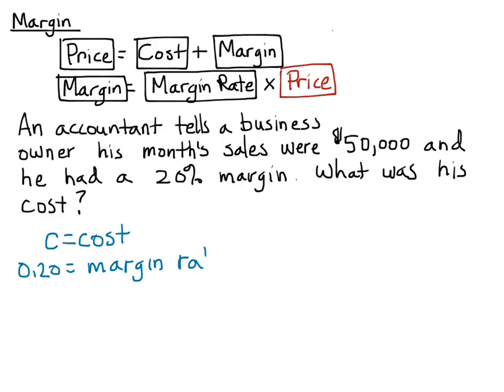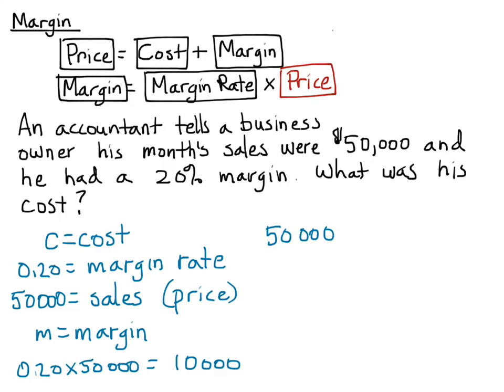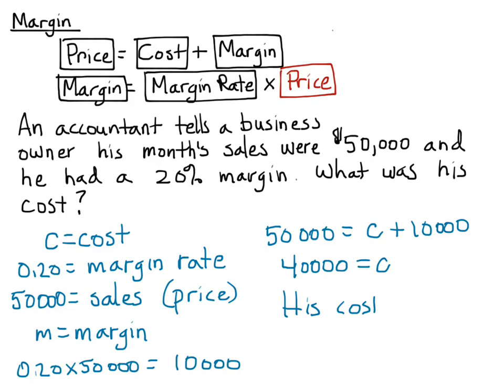We don't know the cost, so C is the cost, 20% is the margin rate, the sales is $50,000. And so our margin is $10,000. And so if we have C plus $10,000, his cost was $40,000.